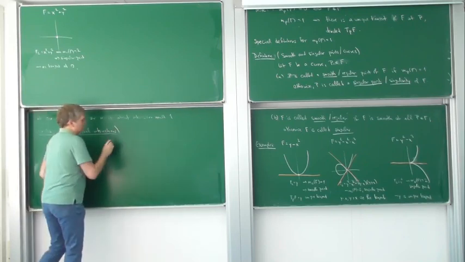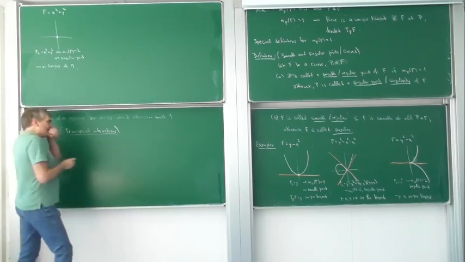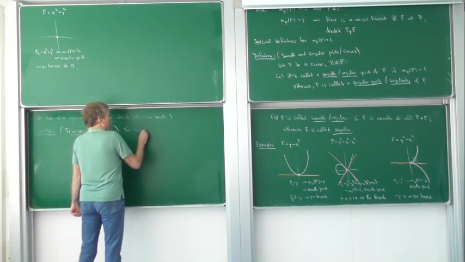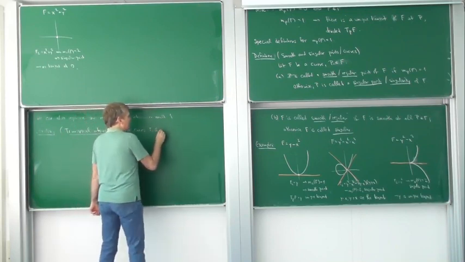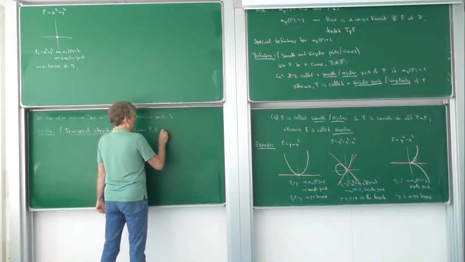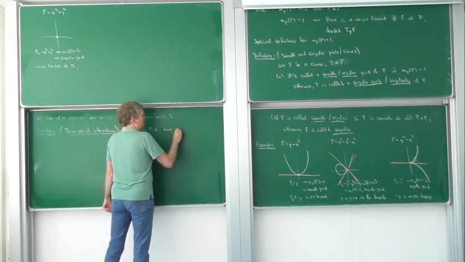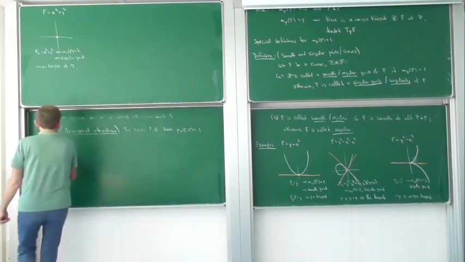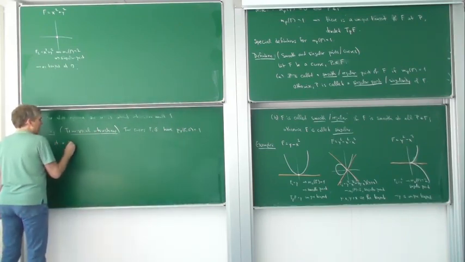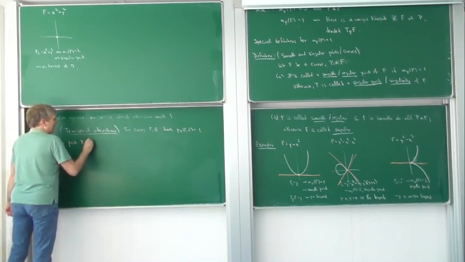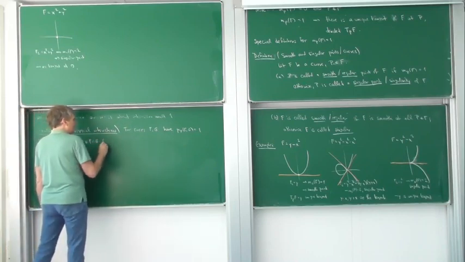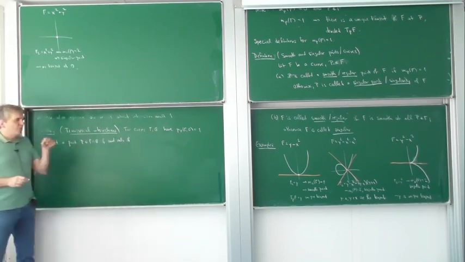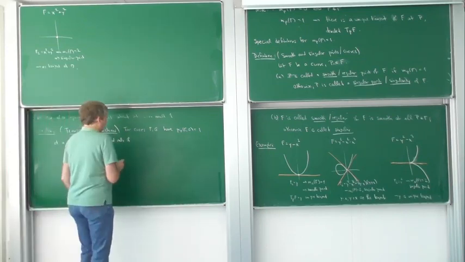Actually, the name pretty much says what it means. Namely, two curves F and G have intersection multiplicity of F and G equal to 1 at a point P if and only if, first of all, F1 and G1 are non-zero and are distinct as curves.